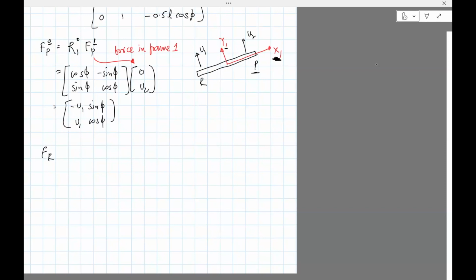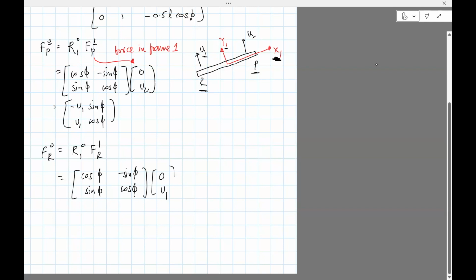Then we have Fr0, which is R10 times Fr in frame 1. We'll apply the same logic as before. We have force at r. The only force acting is u1, acting in the y1 direction. So the x force is 0 and the y force is u1.